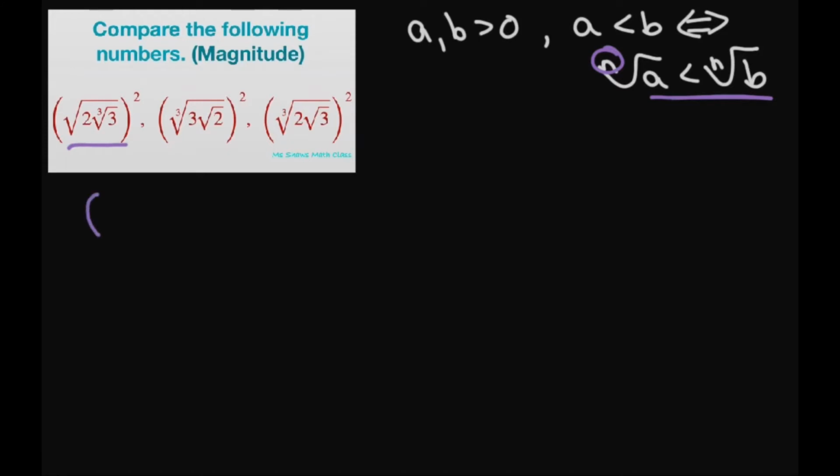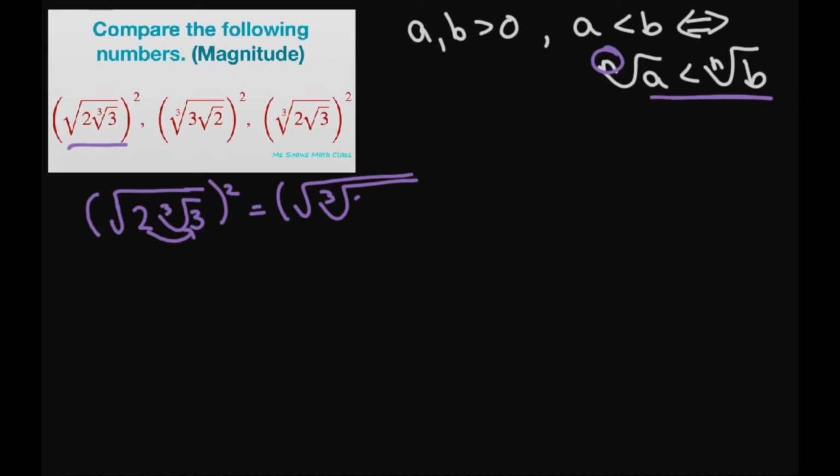If we have the square root of 2 and then the cube root of 3, all squared, I can pull this 2 inside and write this as the square root of the cube root.